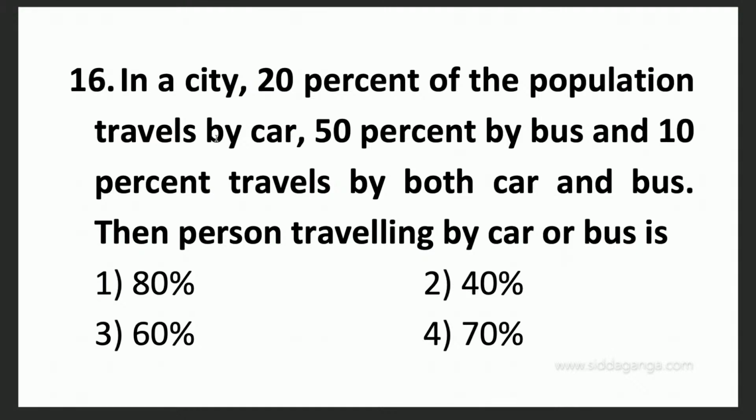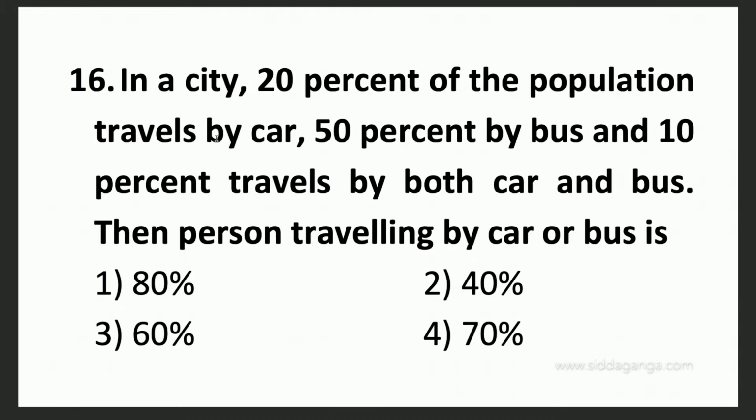So I can represent N of C, 20%. 50% by bus, N of B, is 50%. 10% travel by both the car and bus means N of C intersection B, 10%. What he asked? The number of persons traveling by car or bus, N of C union B.